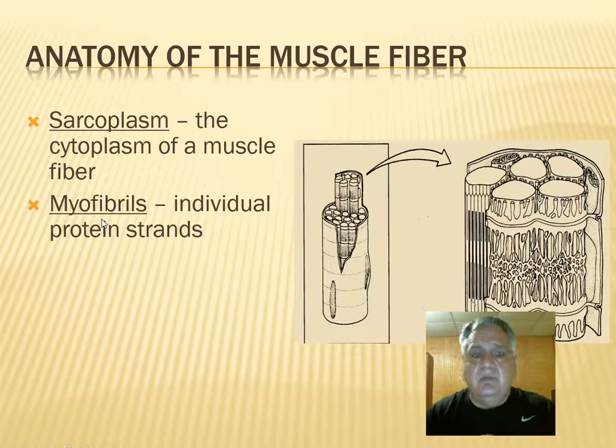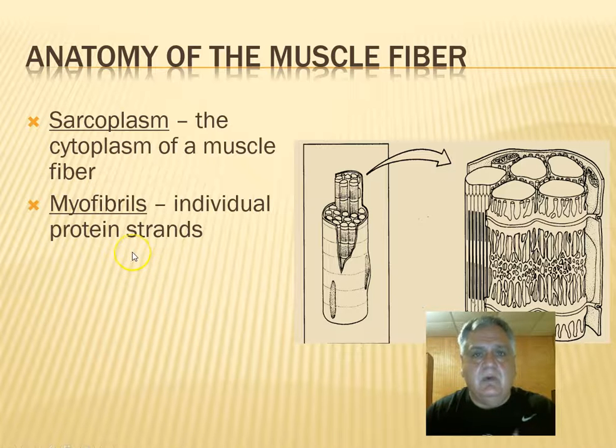Inside the sarcoplasm, then, there are going to be embedded many different kinds of organelles and other structures. One of those organelles or structures we find are myofibrils. These are individual strands of protein that we find inside the muscle fiber.